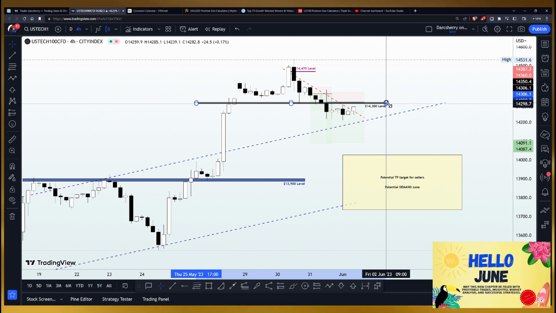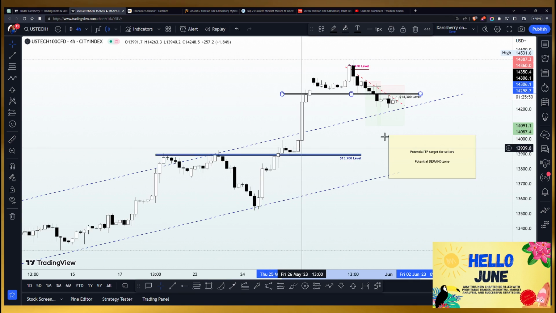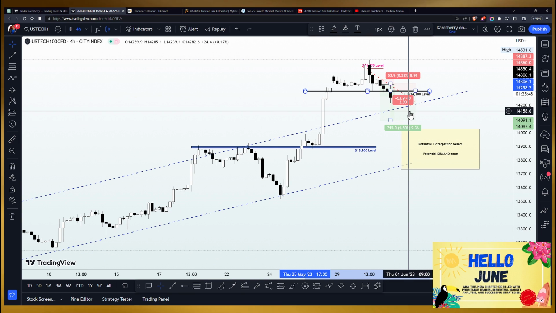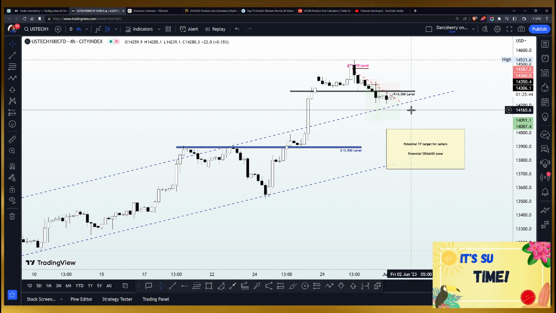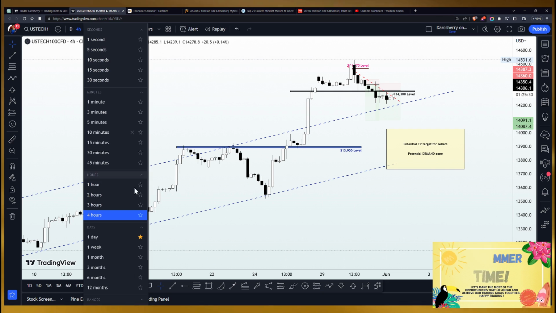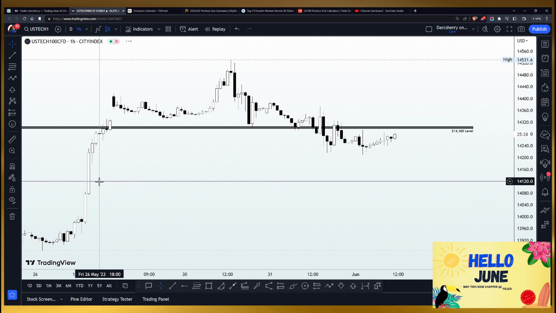So you want to mark that level out here, and that is what we want to be looking at basically from this current structure. So a breakout of the 14,300 will be welcoming more buying opportunities in this market. And the only way we shall be thinking of selling at this point is if price action breaks down that demand zone we identified on the 1 hour time frame.